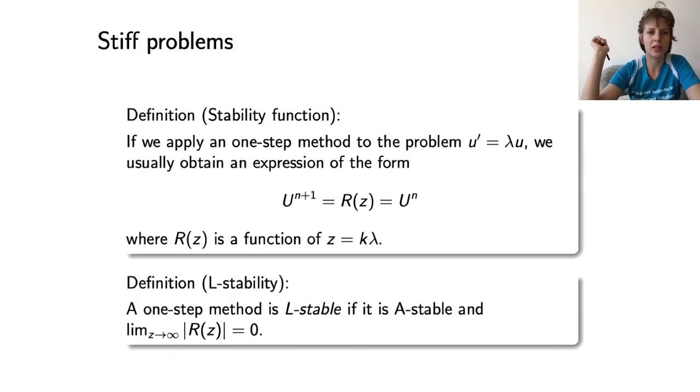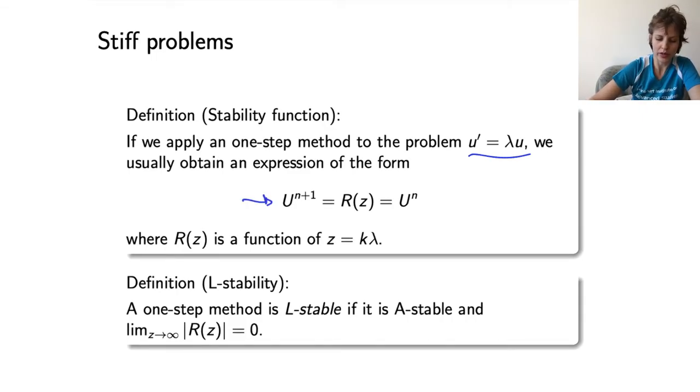So we can define some stability function. If we apply a one-step method to this linear problem, we usually obtain an expression of this form, where z is equal to k lambda. So we can define L stability.